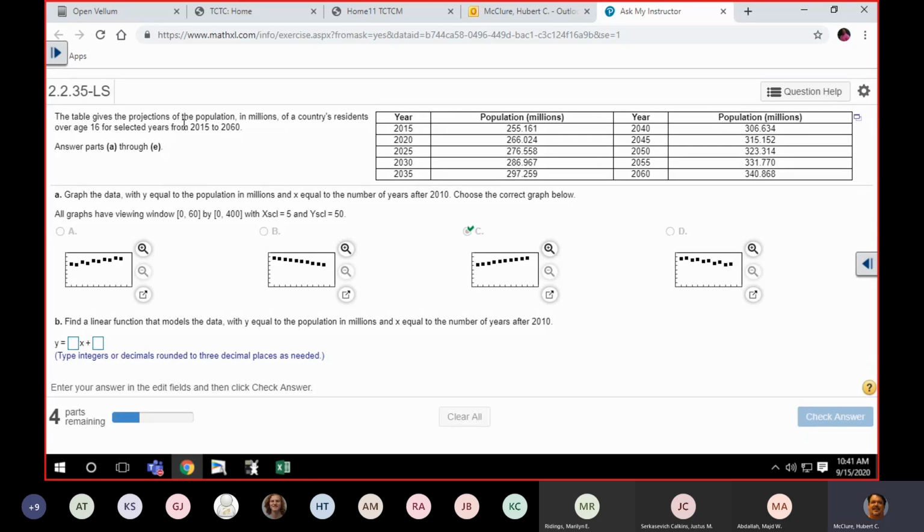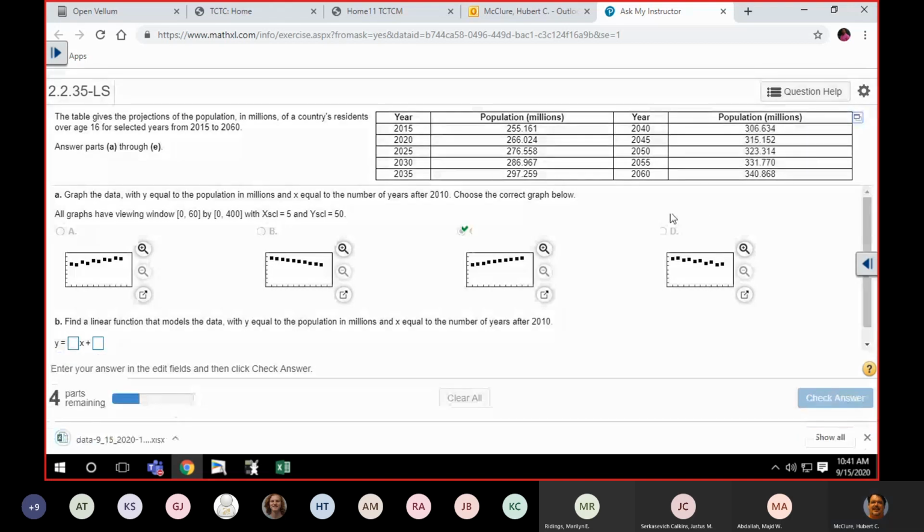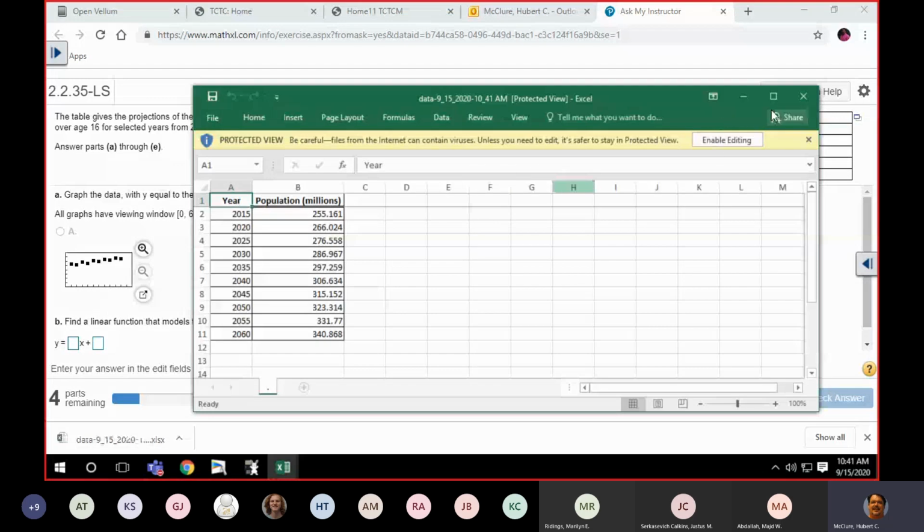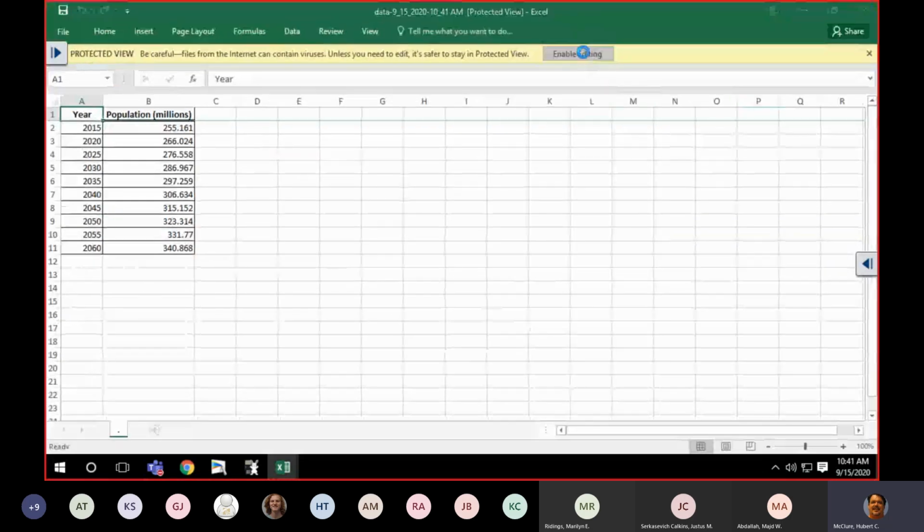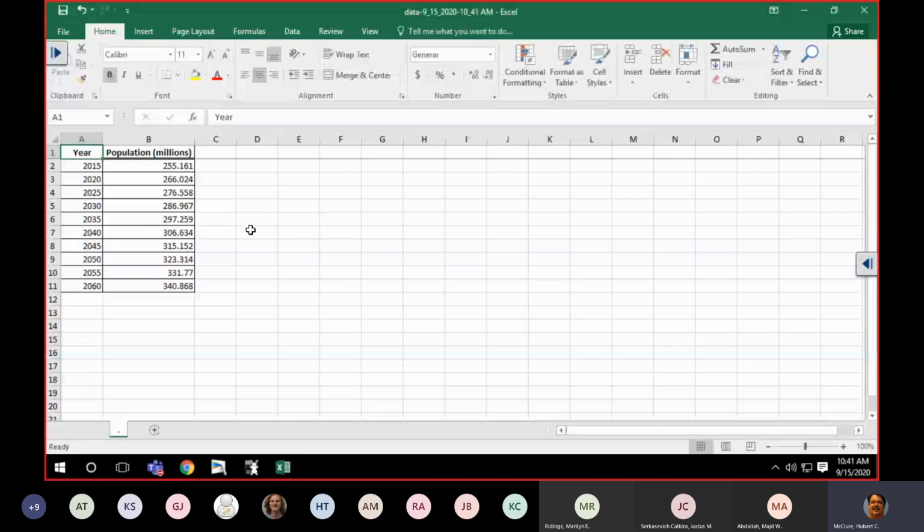The table gives the projections and populations in millions of a country's residents over age 16 for selected years 2015 to 2060. All right, well, I'm going to copy these in Excel. And the reason I'm doing that is because I want to see what I know of the material. I want to see what I can derive before I start answering questions.